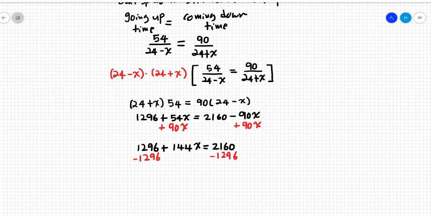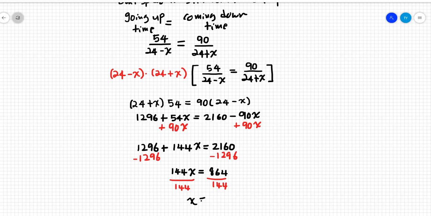So on the left, I have a 144x. Let's find out what 2160 minus 1296 will be. So that should be 864. And then we are going to divide both sides by 144. Okay, and if you do that, you will get 6.